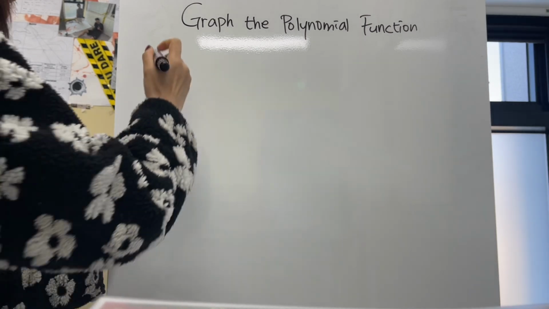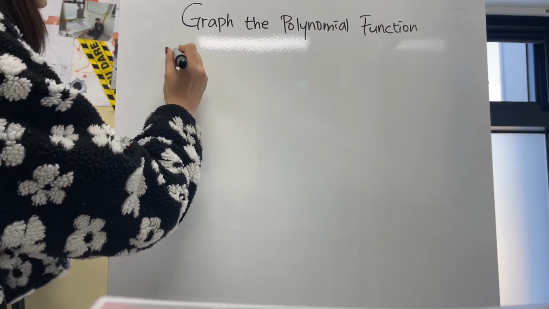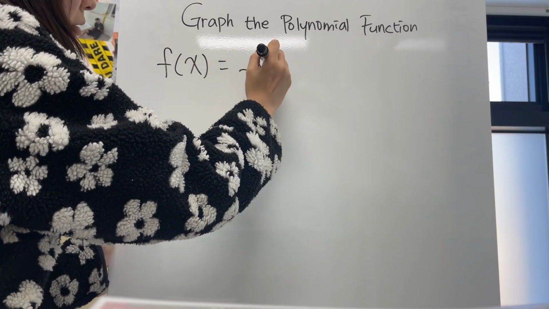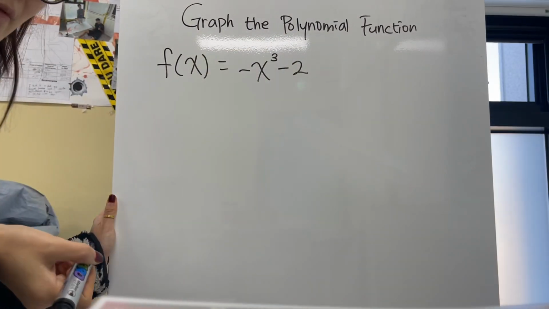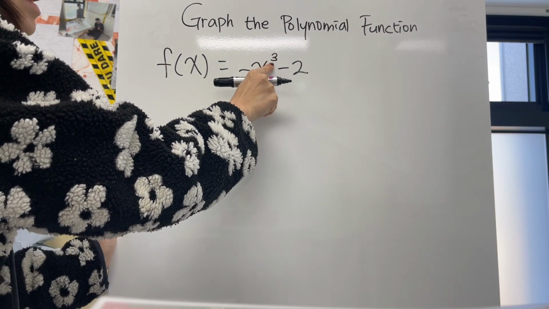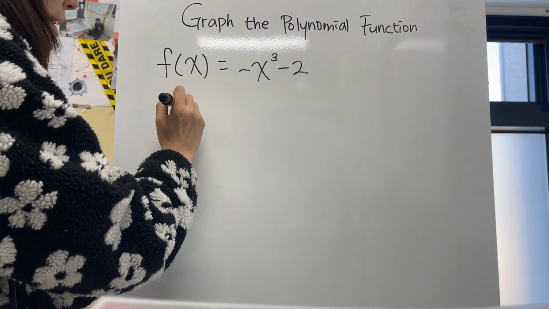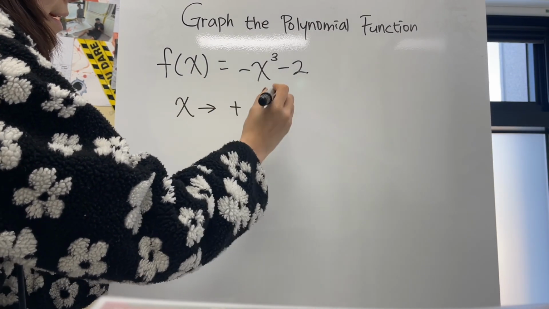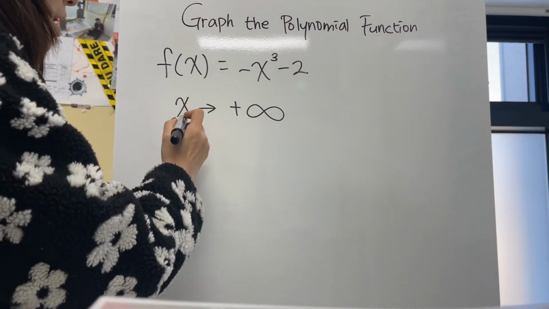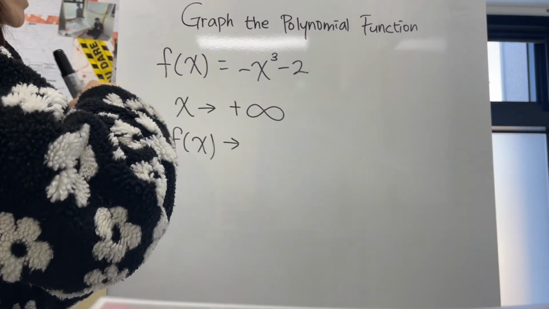Let's see. So the first function that I have, this is from your workbook. First of all, we know that our leading coefficient is negative, and this is an odd function, which means our end behavior would be, as x goes to positive infinity, our function of x would be the opposite, right?